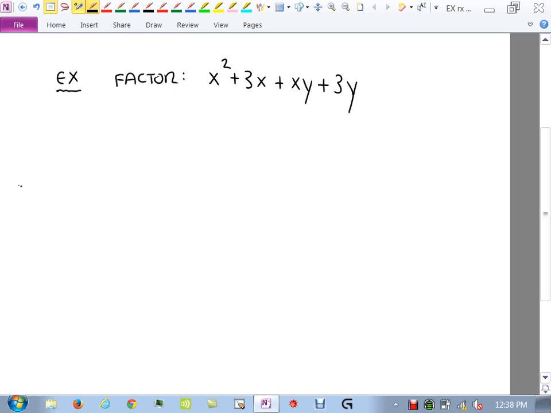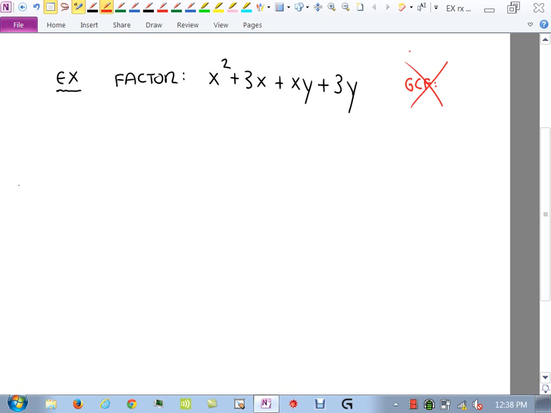Now, how about variables? I have an x here, here, and here, but I don't have an x in the last term. So I can't factor an x out. How about y's? Only in the last 2 terms, not in the first 2. So we don't have a GCF of y. So as far as GCF is concerned, I have none.